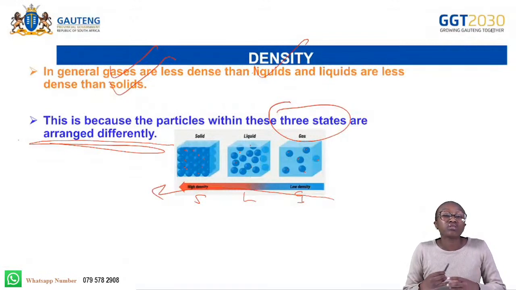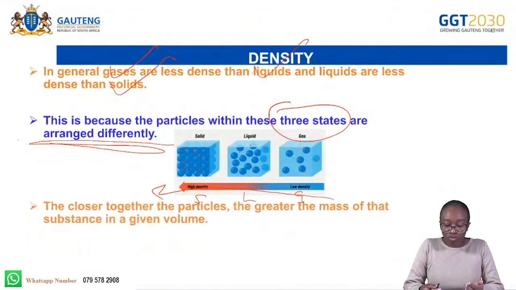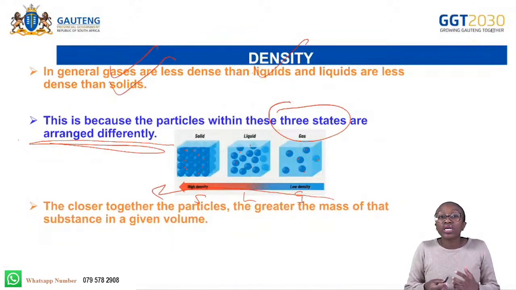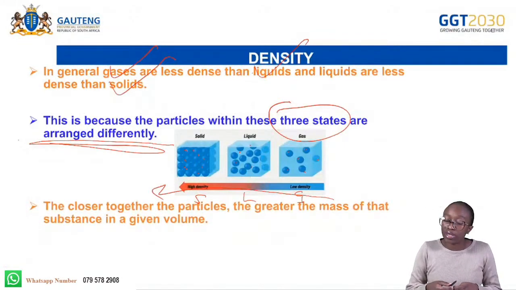Gas particles have more space in between them, so we'll have fewer particles in a particular volume. Liquid particles are fewer than solid particles in a particular volume, and the solid will have the most particles, which increases their mass and therefore makes them denser.